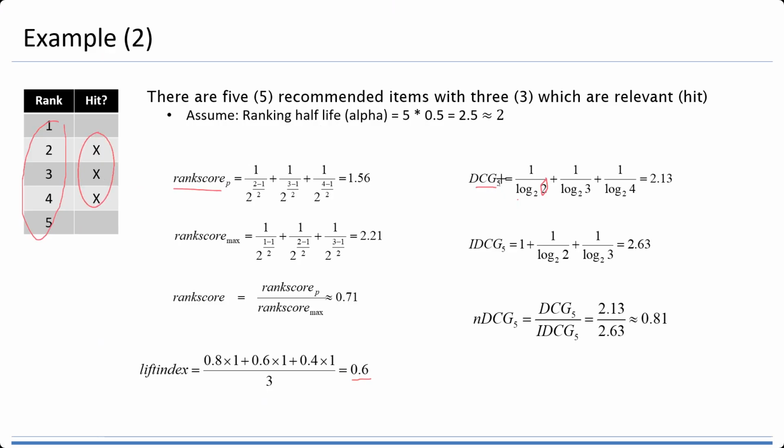So among those 5, we can see that the hit product is located in position 2, position 3, and position 4. Okay. So we just use this formula, DCG. So we can get the value 2.13.